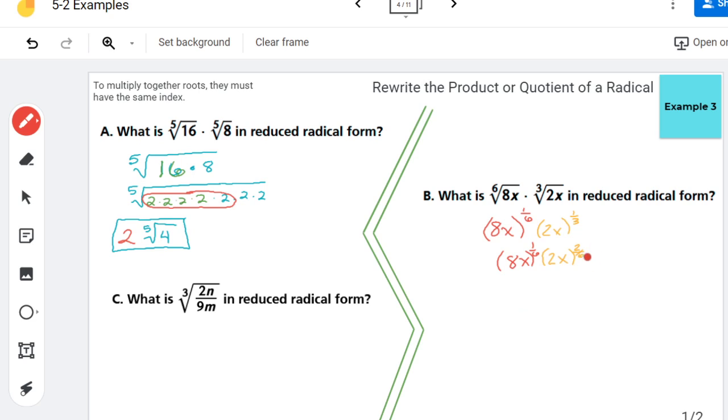And so then I have to think about it. Well, there's a property. I don't really know the name of it, but it's just how to go from exponential form to radical form. And it says you can write a radical like this, or you could write it like this.